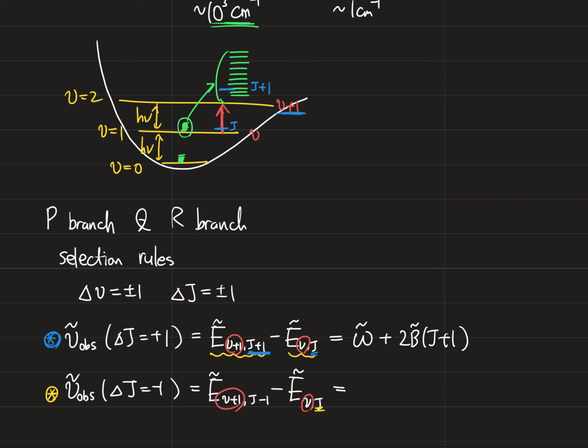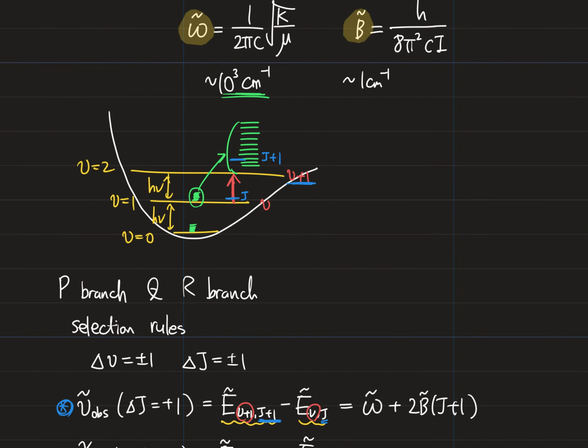You are dealing with the transition from J to J minus 1. You start here, same, but now you are exciting to the lower energy level, J minus 1. Even though I use J, J plus 1 and J minus 1, they do not belong to the same energy level; they are on different potential energy surfaces.